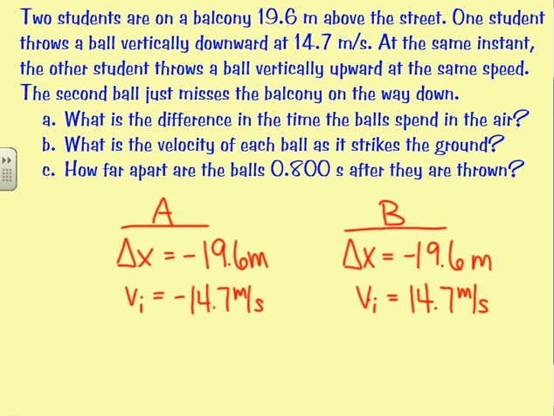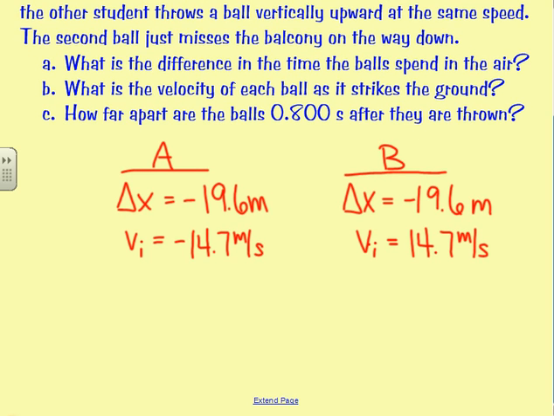Another piece of information, because both balls are in free fall, is that acceleration is negative 9.8 meters per second squared. All of my units match, so I don't have to do any conversion. I can move on to the questions.